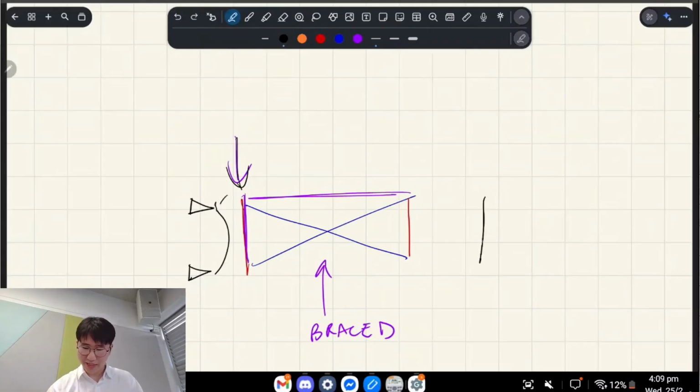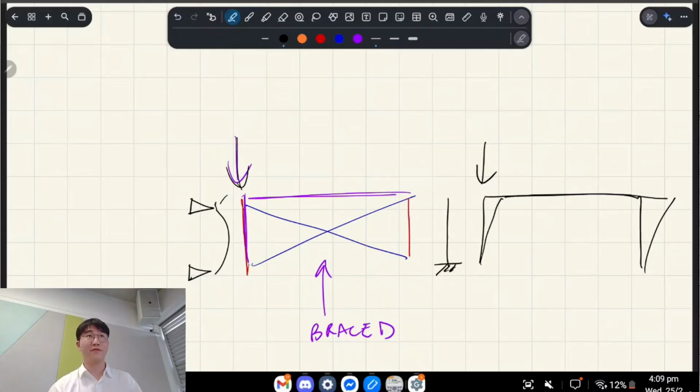But in the first case, the whole building can sway to the side. So effectively, the column is cantilevering from the ground up, which means it can buckle to the side like that. Does that make sense?